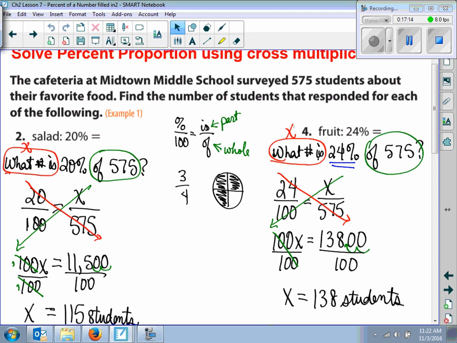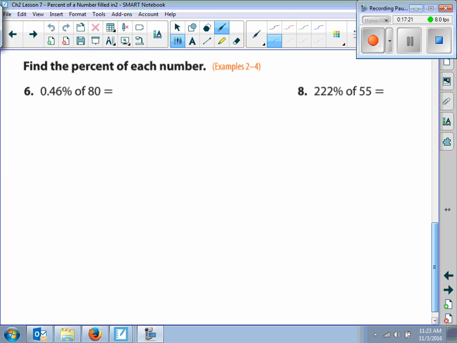We're going to do the same thing. The first thing we're going to do is change this information into our what number is question. Very simple, we want to know what number is 46% of 80.